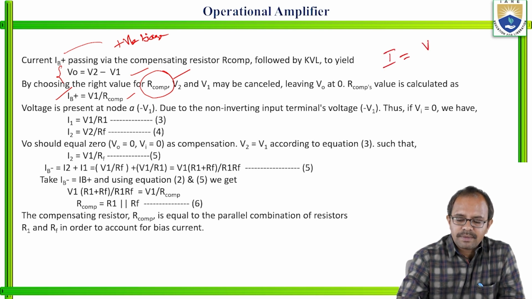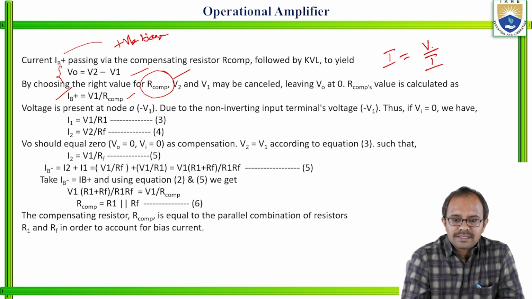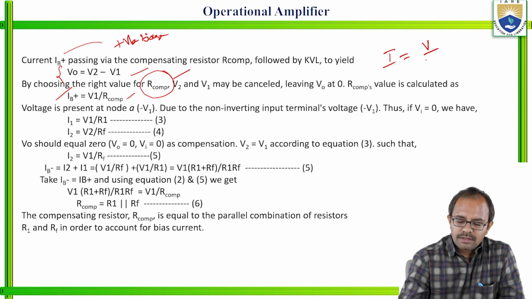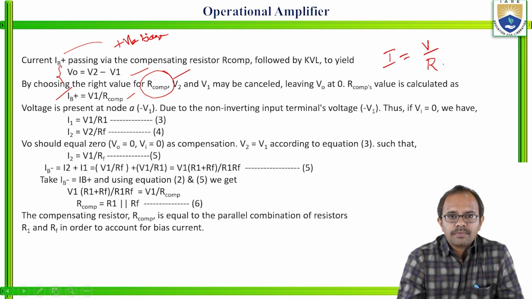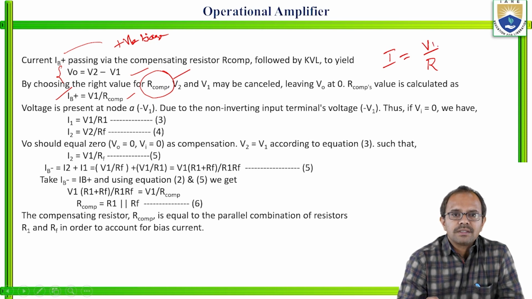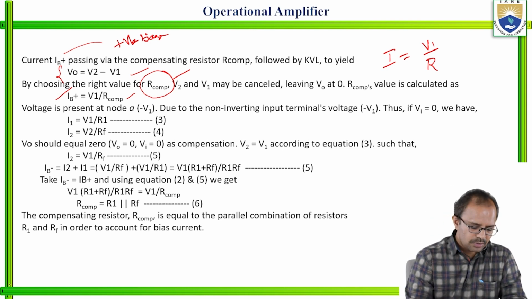Current I is equal to V by R. So how many inputs are there? Only one input, V1, because the other input V2 is connected to the ground.